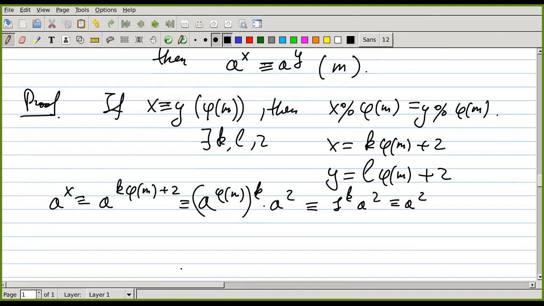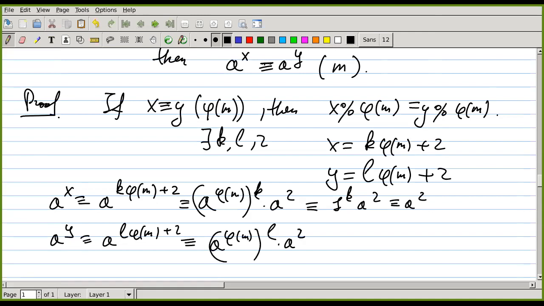And likewise for a to the power y. Here it is. Is it clear? Yep.